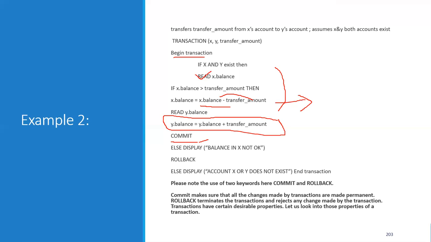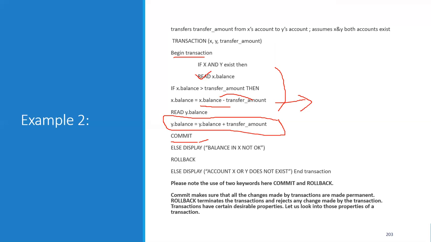So what is rollback? Rollback terminates the transaction and resets any change made by the transaction. Whatever updates were performed, the amount deducted, it rejects the changes, and the outcome of the failed transaction is that the initial amount of X balance remains the same. So this is the rollback transaction.